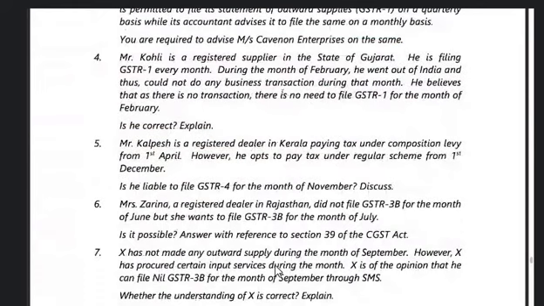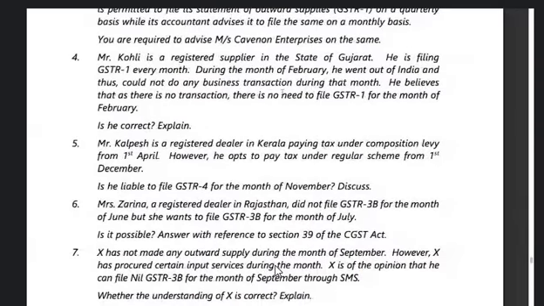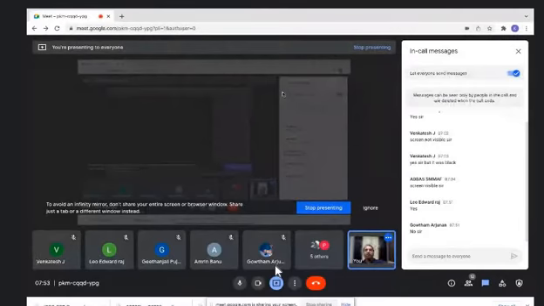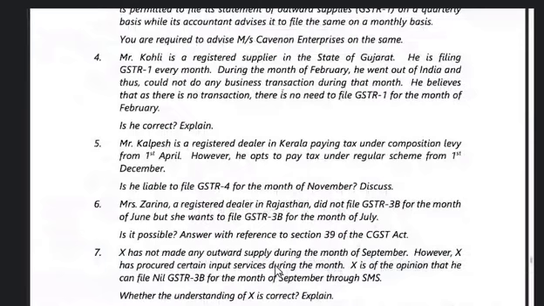Mr. Kohli is a registered supplier in the state of Gujarat. He is filing GSTR 1 every month. During the month of February, he went out of India and thus could not do any business transaction during that month. He believes that as there is no transaction, there is no need to file GSTR 1 for the month of February. Is it correct? Explain.